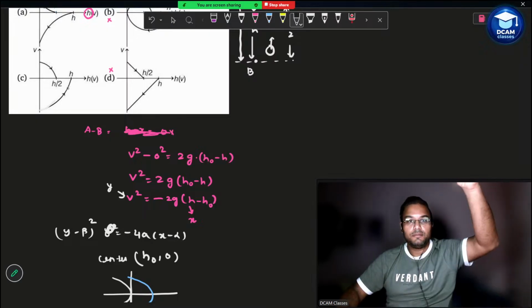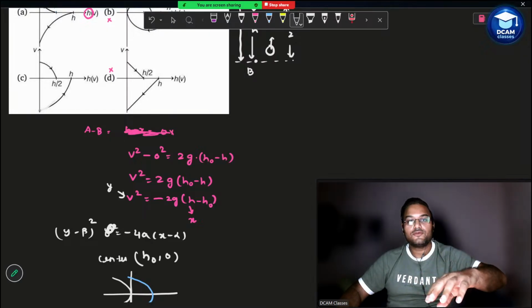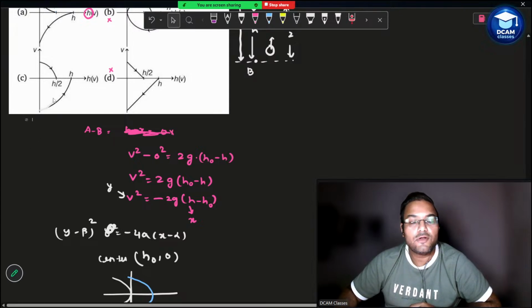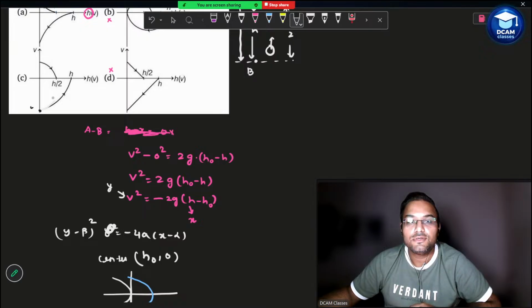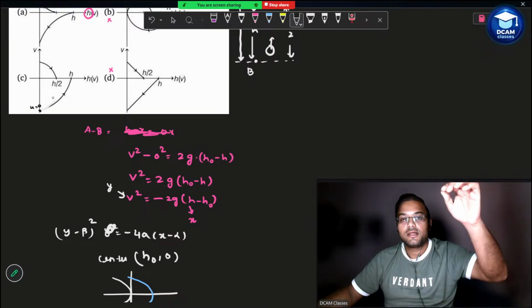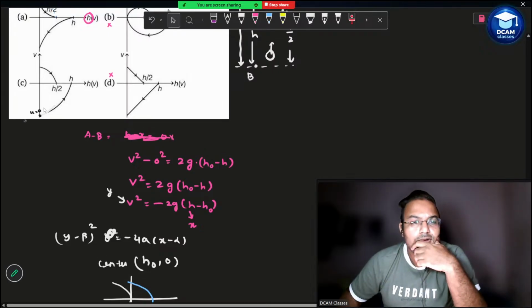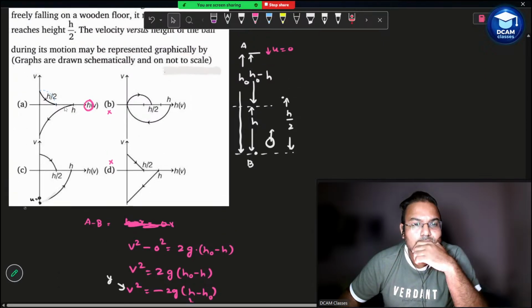When it is dropped, the motion starts from here, because velocity was 0 here. Here the velocity was 0, u was 0, dropped. But no, it's not like that.